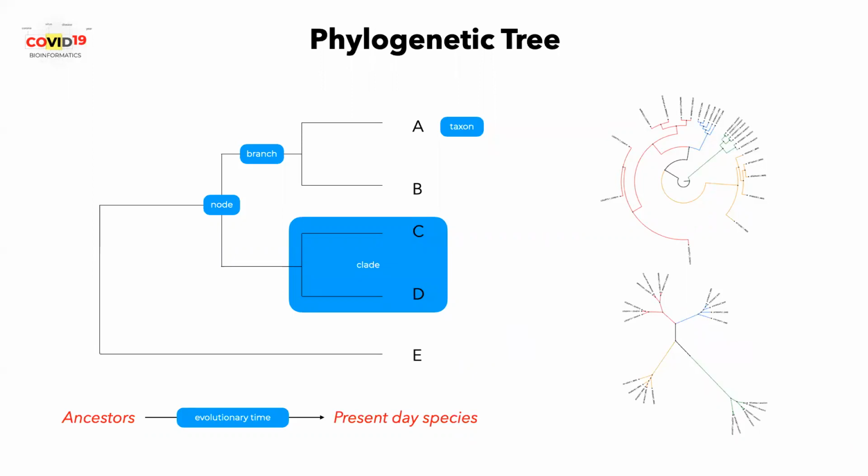So which gene, let me briefly ask you, which gene helps us organize our present day species, or the species that we observe in a sample, by taxonomy? Which gene are we using? All right, excellent. Yeah, 16S ribosomal RNA. Now, is this the large subunit or the small subunit of the ribosome?